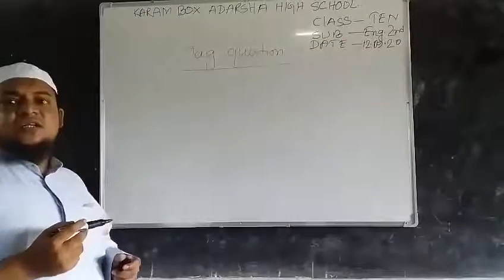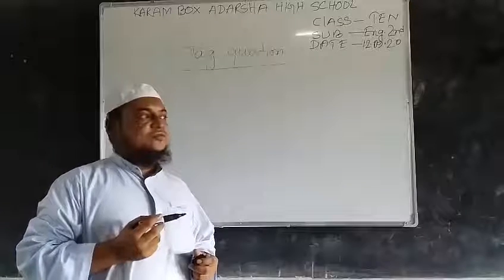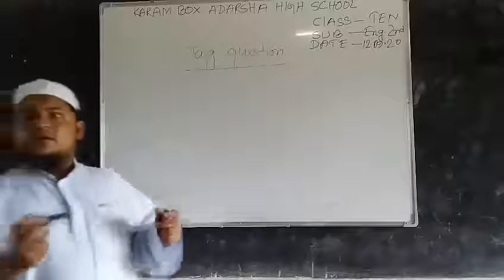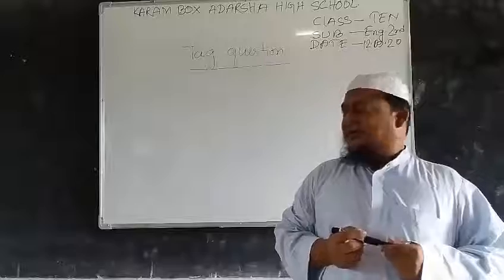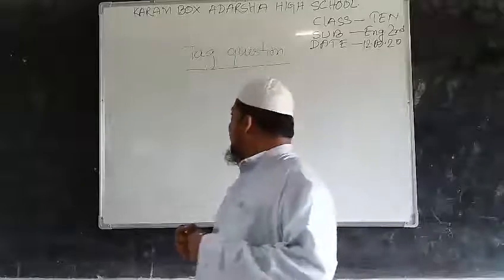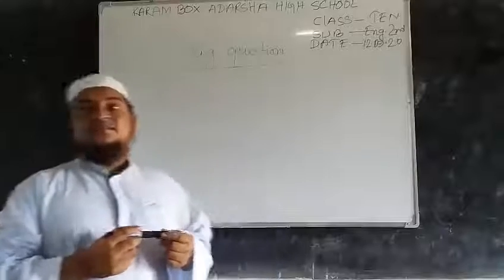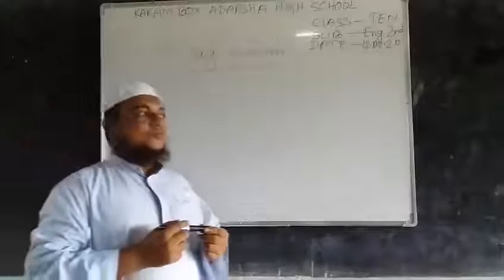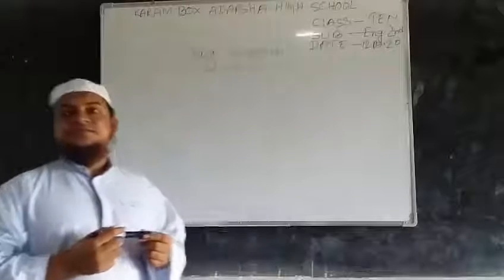To add tag questions, we have to follow some rules. There are many rules for adding tag questions. If we analyze the rules of adding tag questions, we find 5 activities.